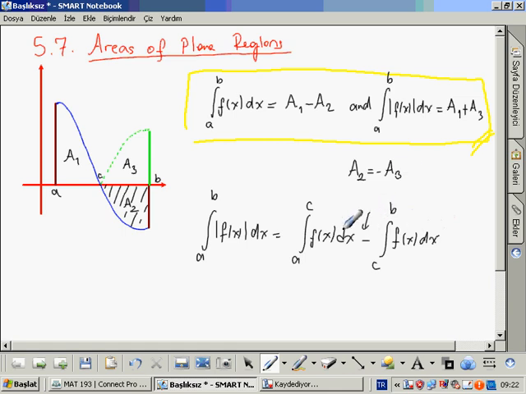This negative sign comes from here because the A2 region is negative.